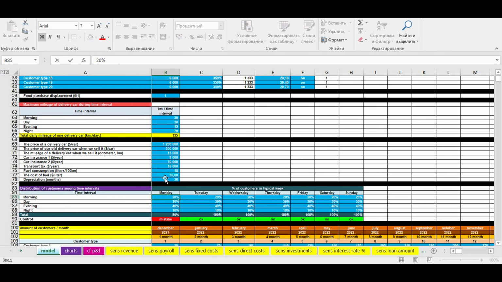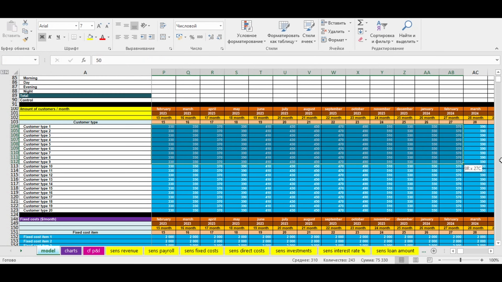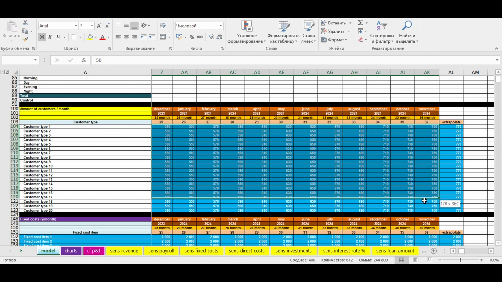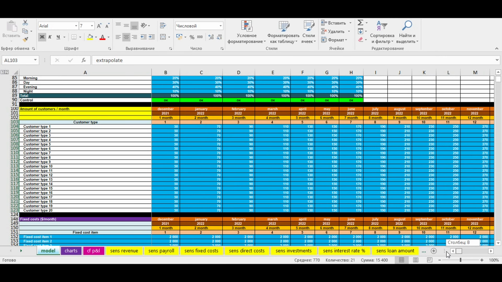The next table is a sales plan where you specify the amount of customers by type. You can enter values monthly during first 3 years of operating activity and then extrapolate the last values on the next years of operating activity.